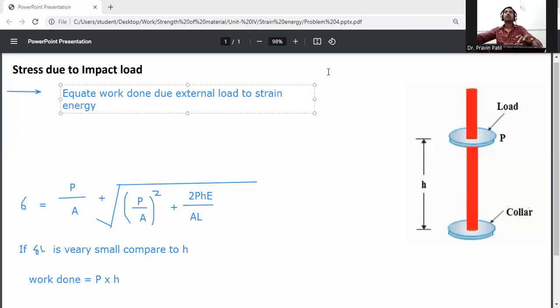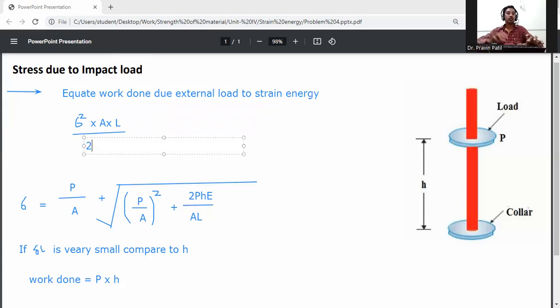We know that strain energy is sigma square V divided by 2E, where V is A into L.